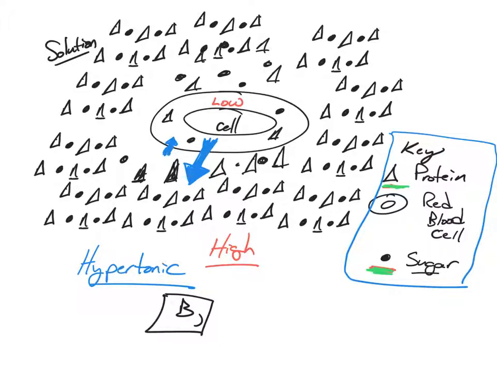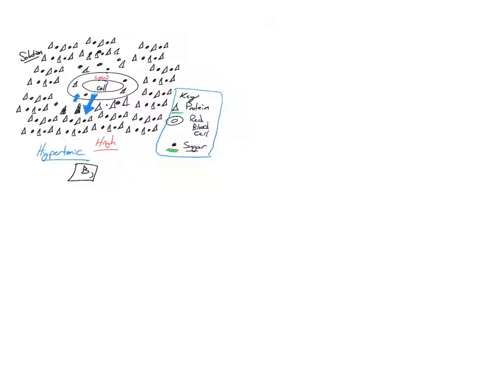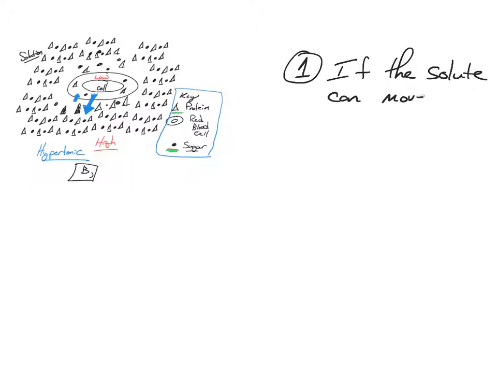So it goes back to what I said when we talked about diffusion and osmosis. So let's review what the rules are. Rule number one, if the solute can move, it will move from high to low, right?